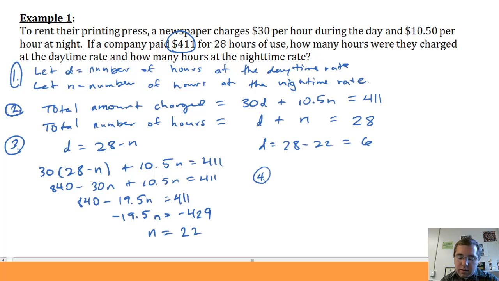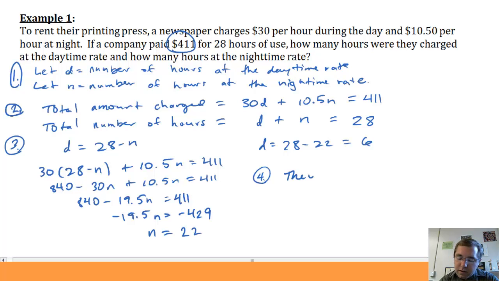And then we could check our answer. 22 plus 6 makes 28, so that's good. And we could check that 30 times 6 plus 10.5 times 22 is indeed 411. Now we need to answer the question. So the question was, how many hours were they charged at the daytime rate and how many hours at the nighttime rate?